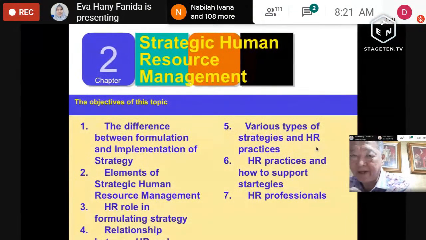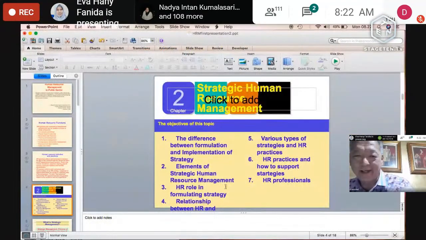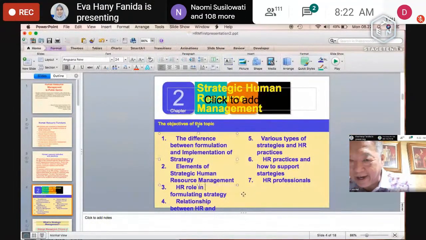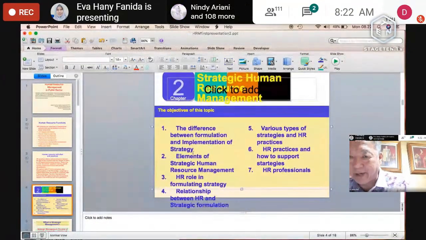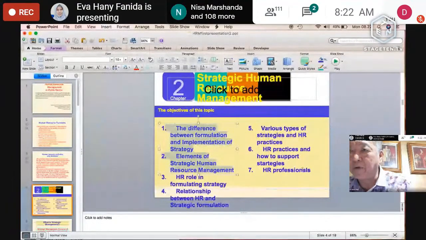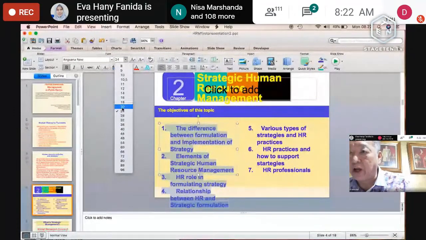I will explain in more detail. Number 4, the relationship between HR functions and the organization, the planning strategy. Because when we talk about strategy, we talk about the organization strategy.